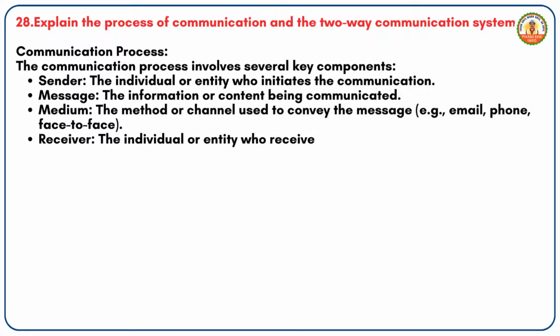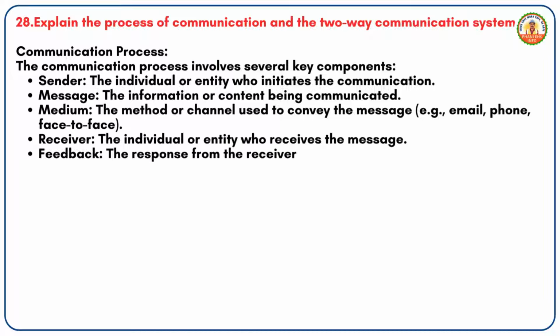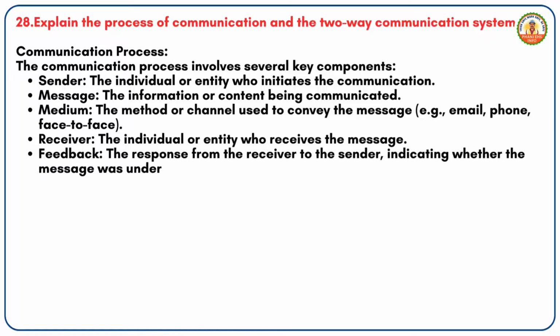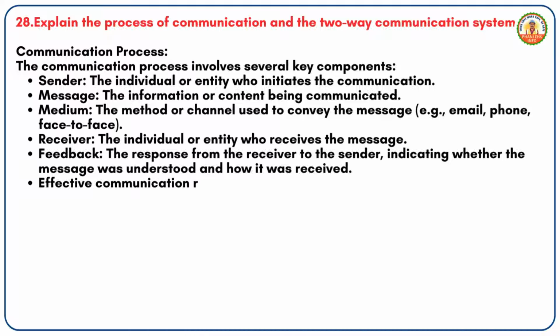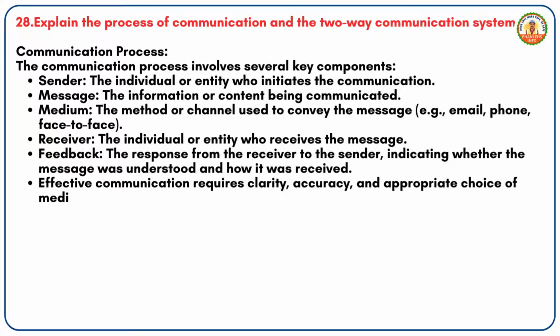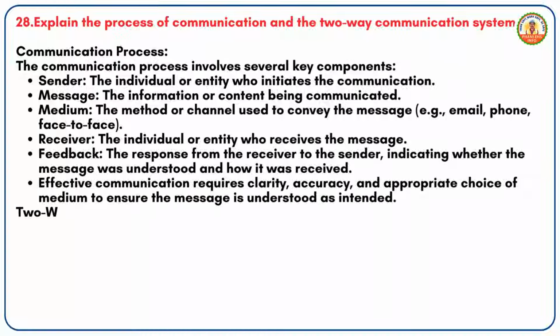Receiver, the individual or entity who receives the message. Feedback, the response from the receiver to the sender, indicating whether the message was understood and how it was received. Effective communication requires clarity, accuracy, and appropriate choice of medium to ensure the message is understood as intended.